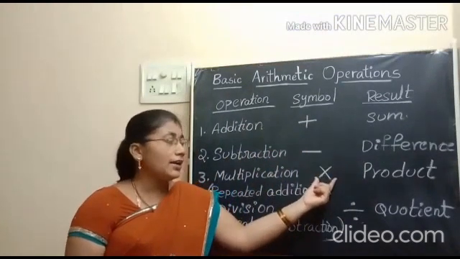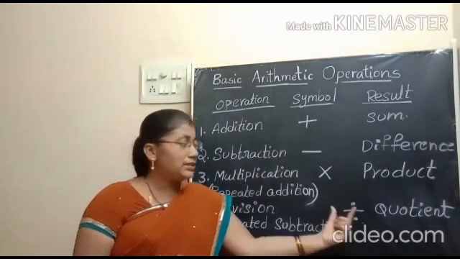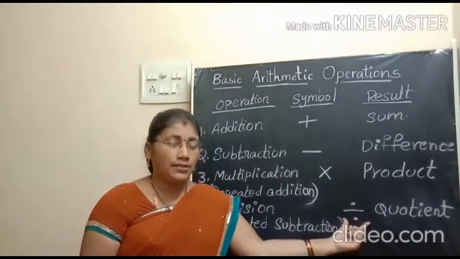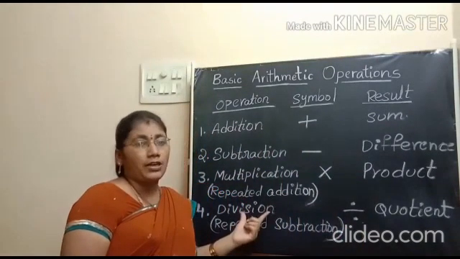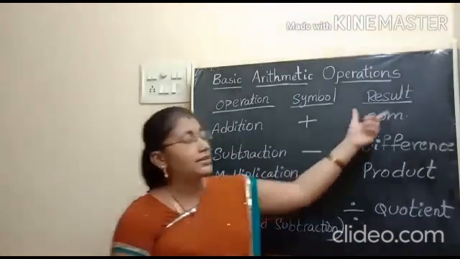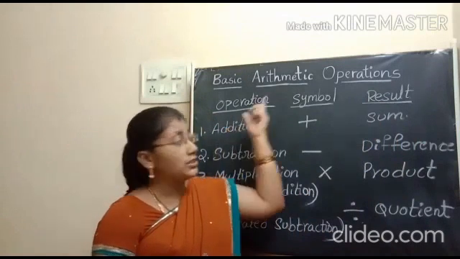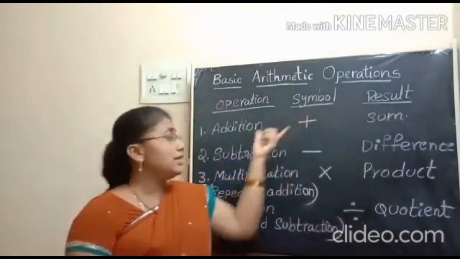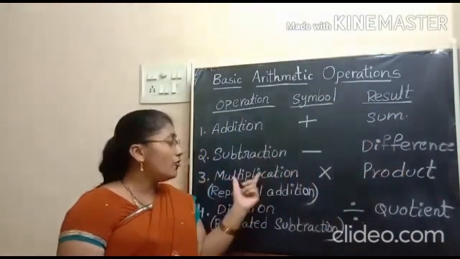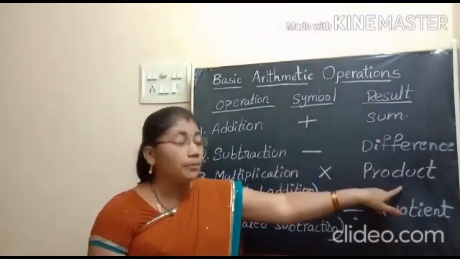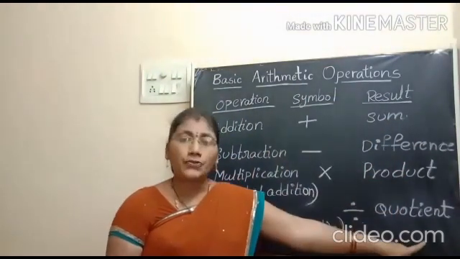Into is used to represent multiplication. Divided by symbol is used to represent division. And finally, results. The result of addition is called sum. Result of subtraction is called difference. Result of multiplication is called product. Result of division is called quotient.